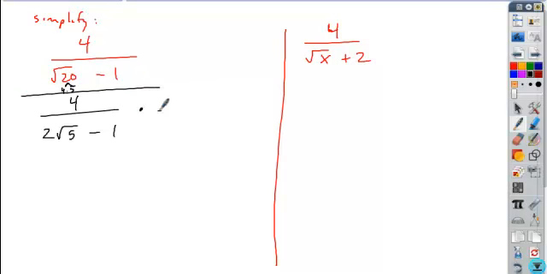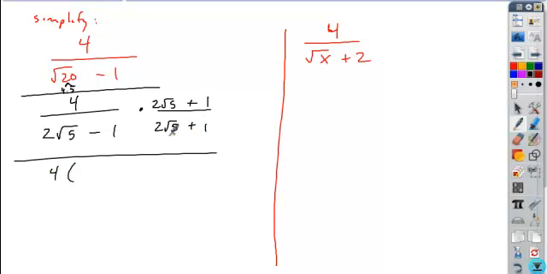Okay, and now I can rationalize. I'm going to multiply by the conjugate, same terms, 2 root 5 and 1, opposite sign between them, so a plus. And so when I simplify that, I wind up just multiplying across the top, 4 times 2 root 5 plus 1, and then multiply across the bottom.